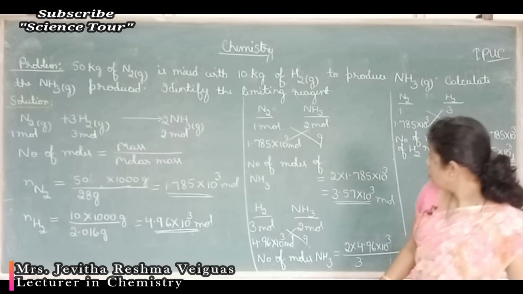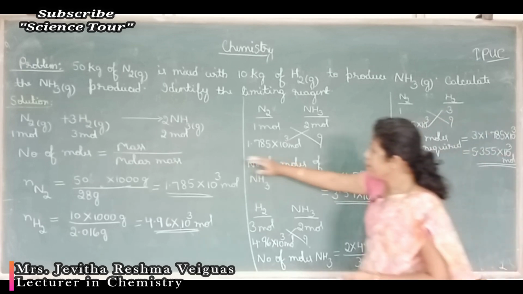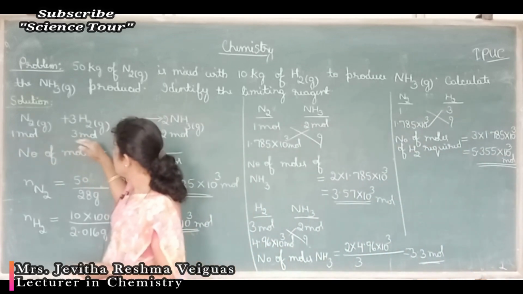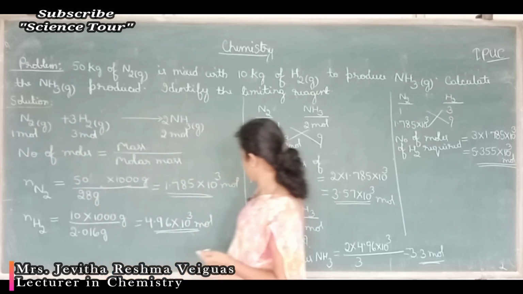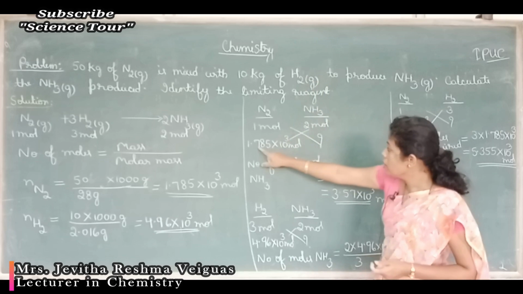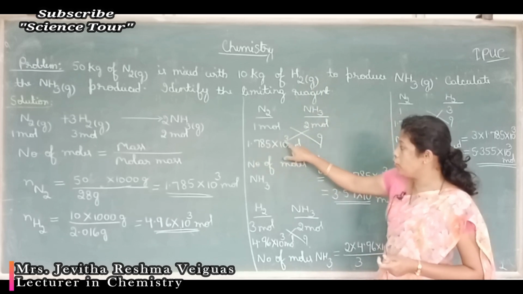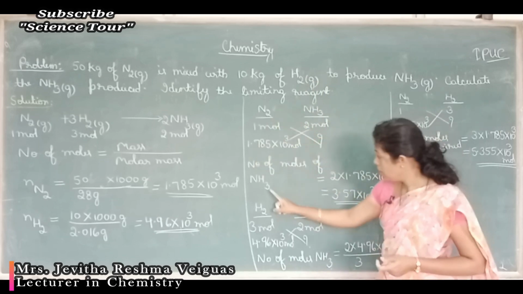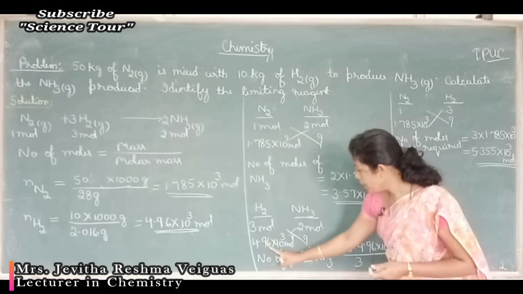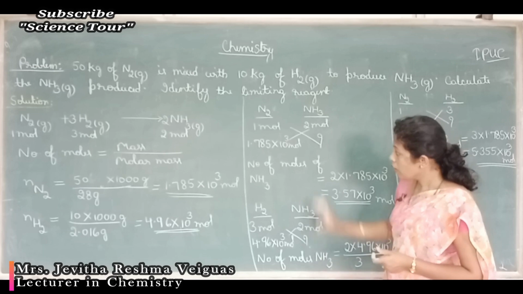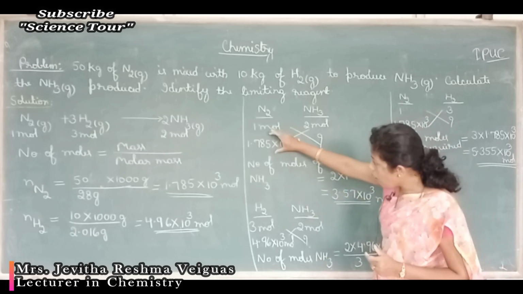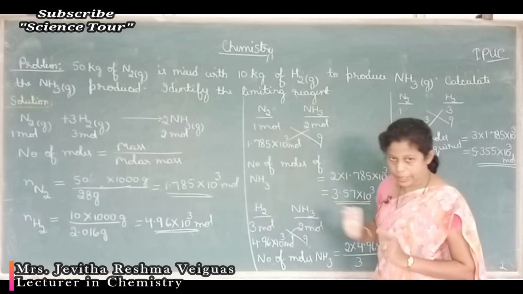Understand, students? We have 1 mole nitrogen which reacts with 3 moles hydrogen according to the balanced equation. But in the problem, 1.785 into 10 to the power 3 moles of nitrogen is given and 4.96 into 10 to the power 3 moles of hydrogen is given. Now let's find whether all nitrogen and all hydrogen react.